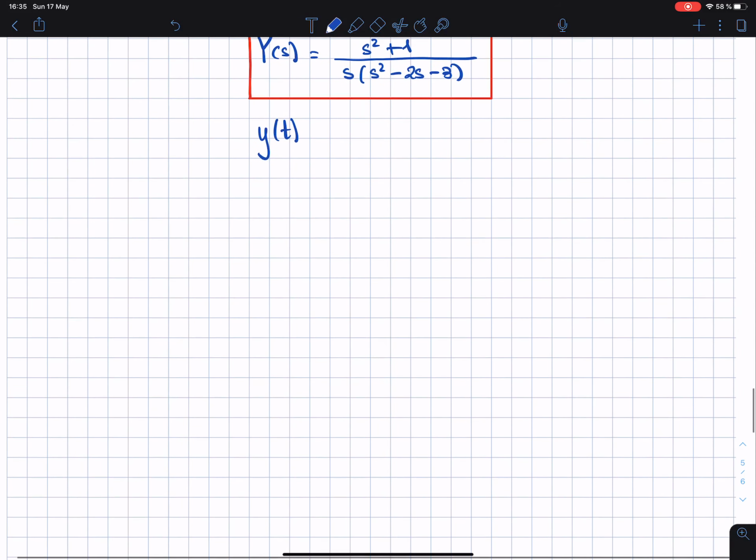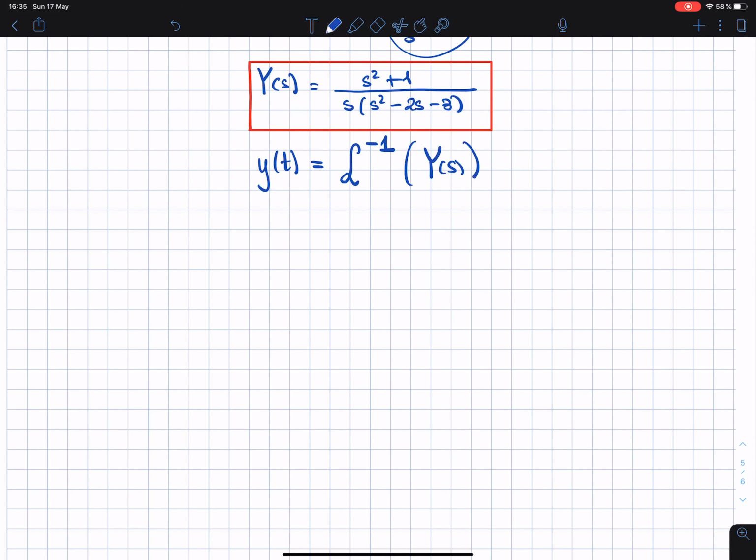But in order to compute this y(t), we need to compute the inverse Laplace transform of capital Y of s, which is this guy we have here boxed. So when we want to compute an inverse Laplace transform of a polynomial fraction, we need to use, in general, partial fraction decomposition.